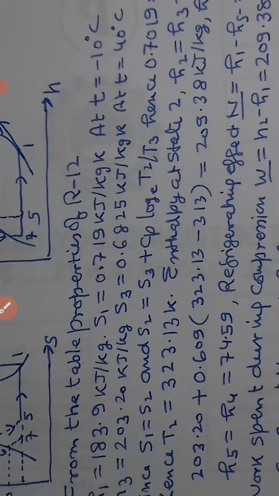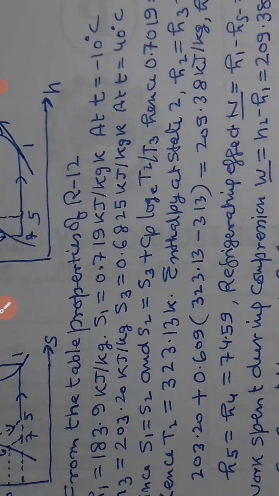Since S1 is equal to S2, because they are on the same entropy line, S2 will be equal to S3 plus Cp ln(T2/T3), where T2 upon T3 is the temperature ratio.